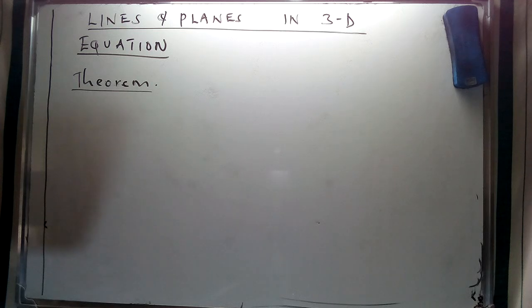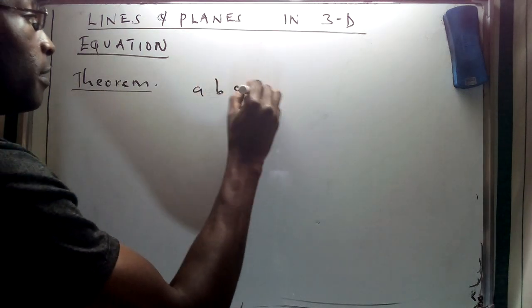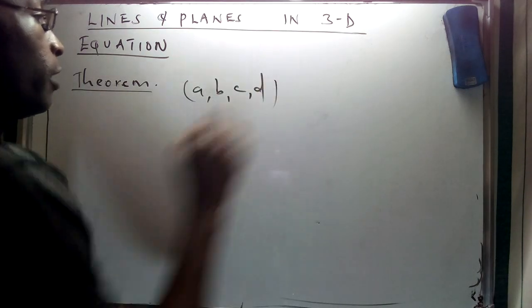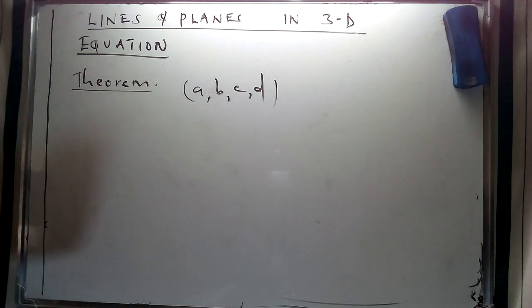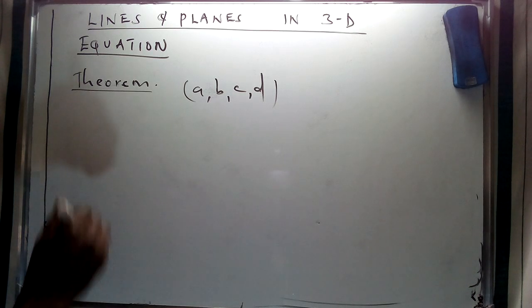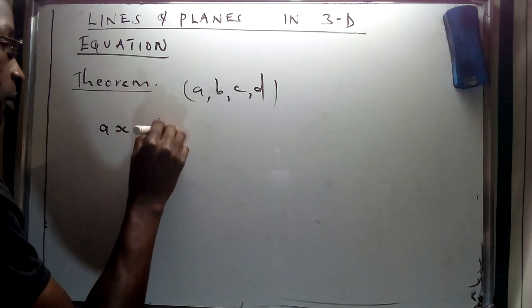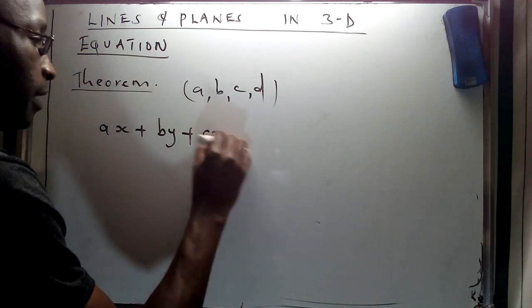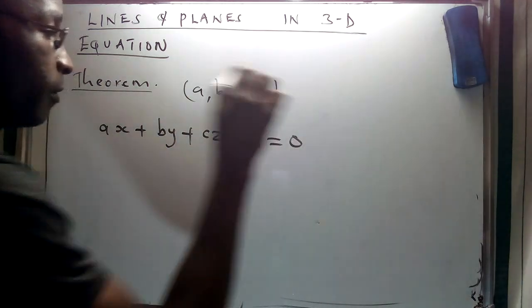So if we have A, B, C, and D, which are constants and non-zero values, then the graph of the equation can be given as ax plus by plus cz plus d equal to 0.